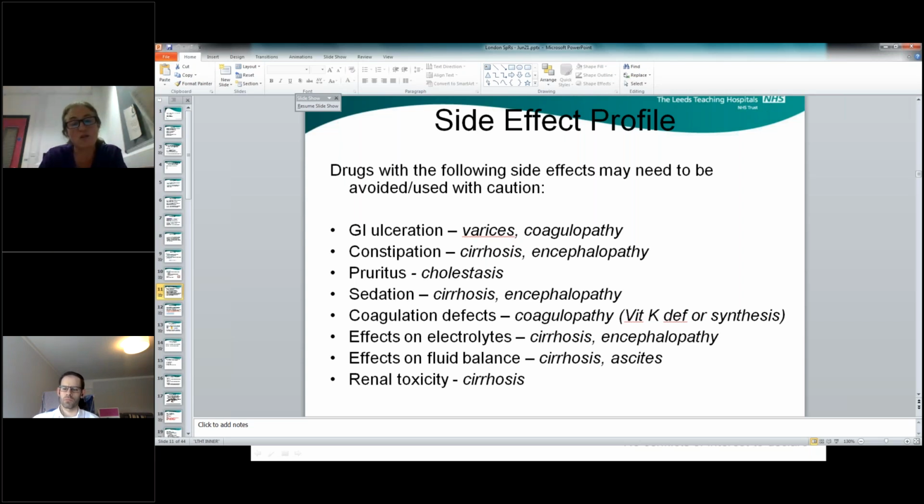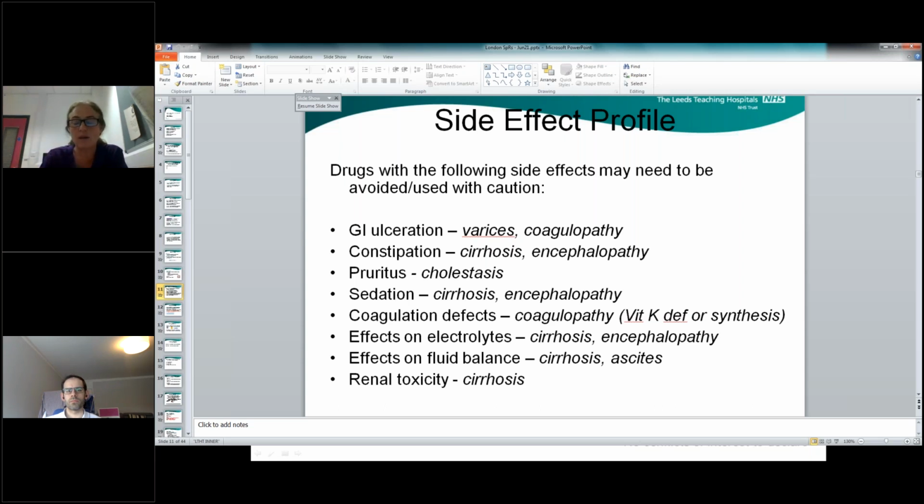Again, in our cirrhotic patients, we're quite worried about electrolyte disturbances and any fluid balance disturbances because both of those can precipitate or worsen encephalopathy, or precipitate or worsen ascites if they've already got a bit of underlying ascites. So that's thinking again about unusual side effects.